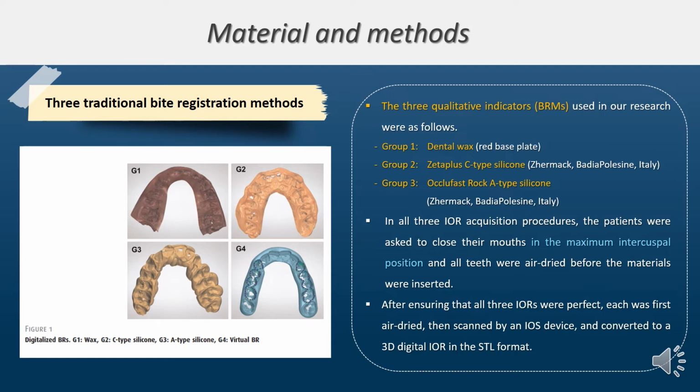After ensuring that all 3 IORs were perfect, they were air-dried, then scanned by an IOS device and converted to a 3D digital IOR in the STL format. The figure shown in the slide presents digitalized bite registration of 3 traditional and 1 virtual registration method.